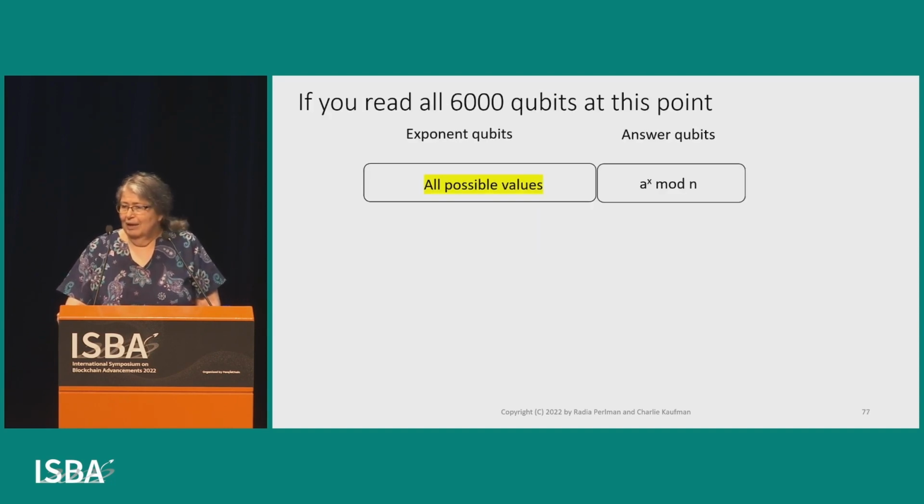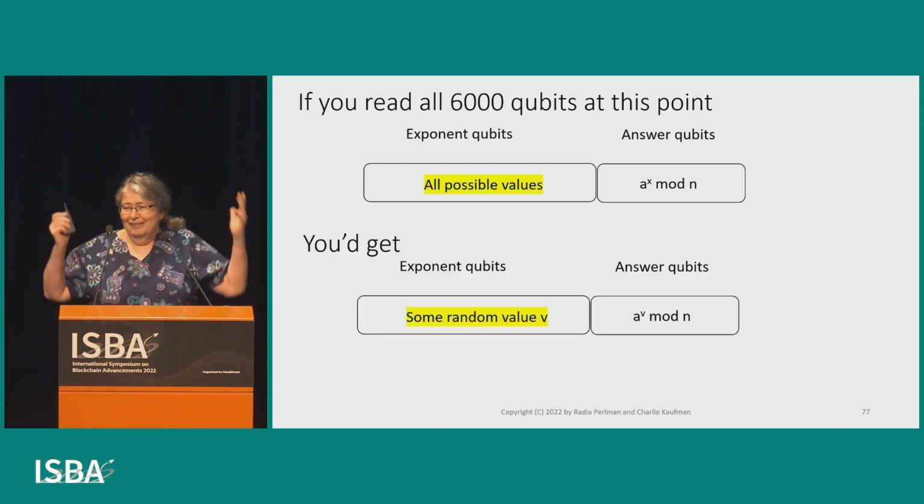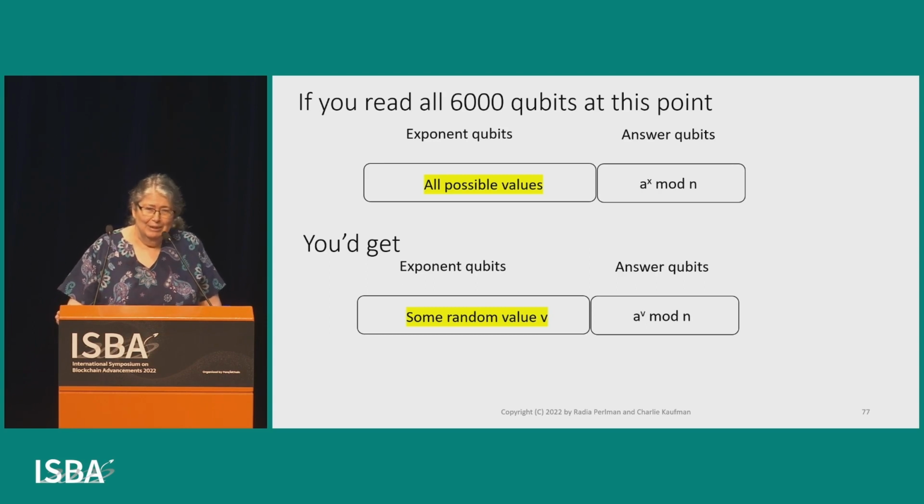Now, if you were to read the 6,000 qubits at this point, you would get some totally random value v in the exponent qubits and a to the v mod n in the answer qubits. This is not very useful. You could have done this by picking a random number and raising a to that, and you'd get the same information. So we're not going to do that, because that would not be useful.